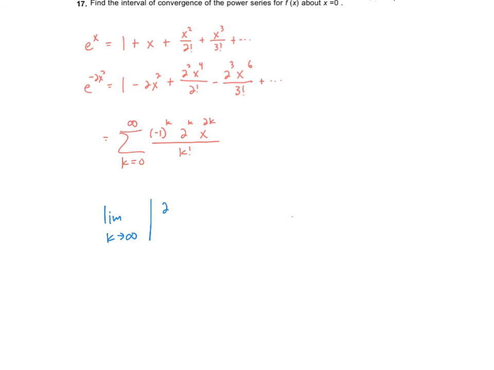This will be 2 times 2 to the k, times x squared times x to the 2k, all over k plus 1 times k factorial, times, and then we'll do the reciprocal, k factorial on the top, 2 to the k, x to the 2k. Okay, then we cancel.